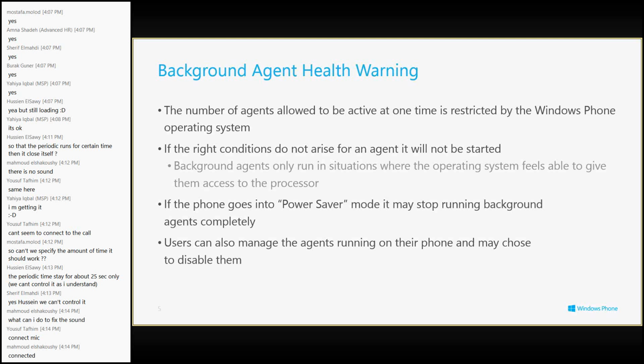It will prompt you, for example with a message box, that you've reached the maximum number of agents, so try to disable any. So the power at the end of the day is with the user. He is the one who would disable, from the settings of the device, which background agents he'd like to keep running and which ones he would like to disable.